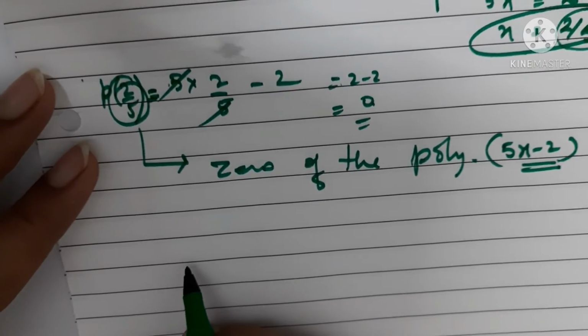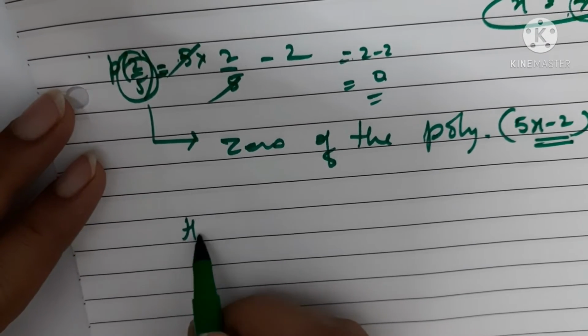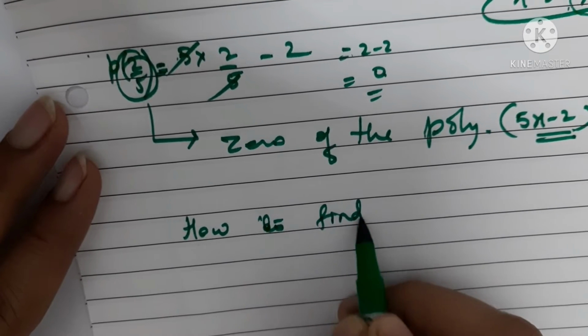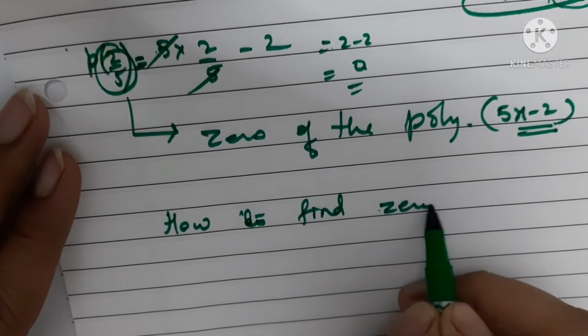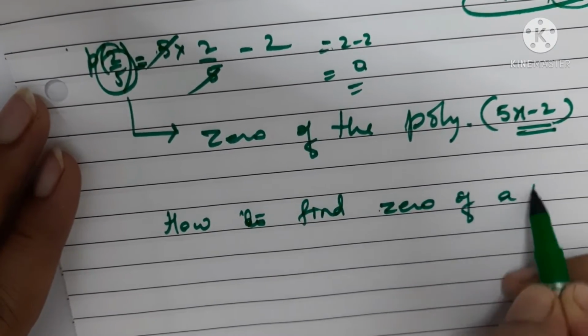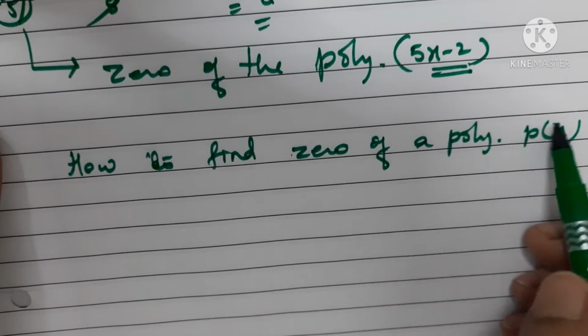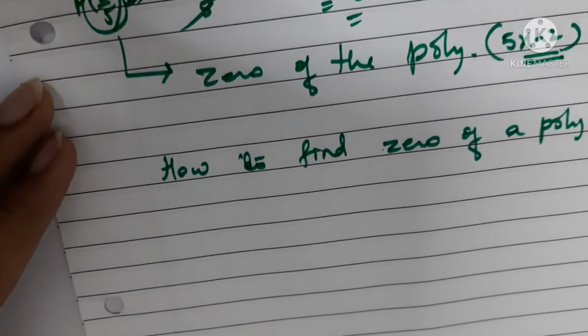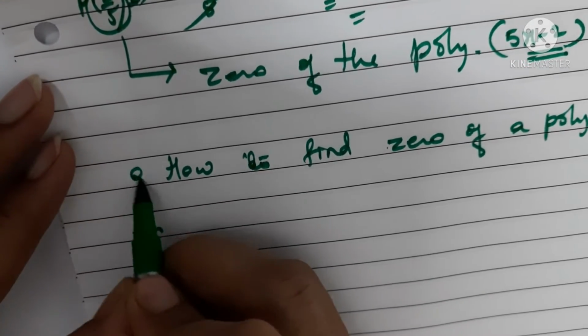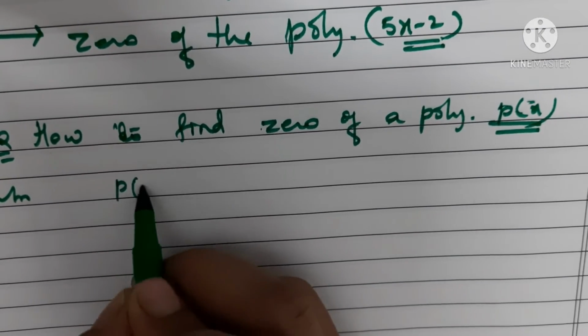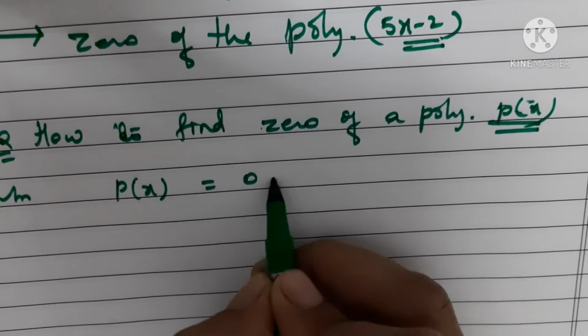How to find the 0 of a polynomial, say p(x)? Simple, very simple. We just take p(x) equal to 0.